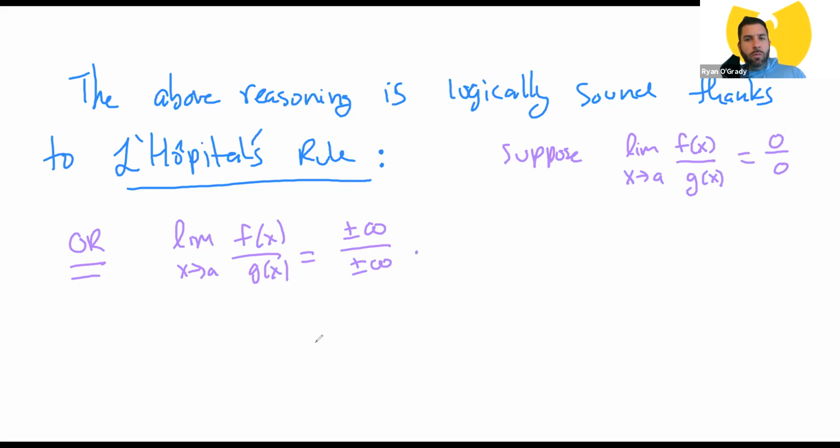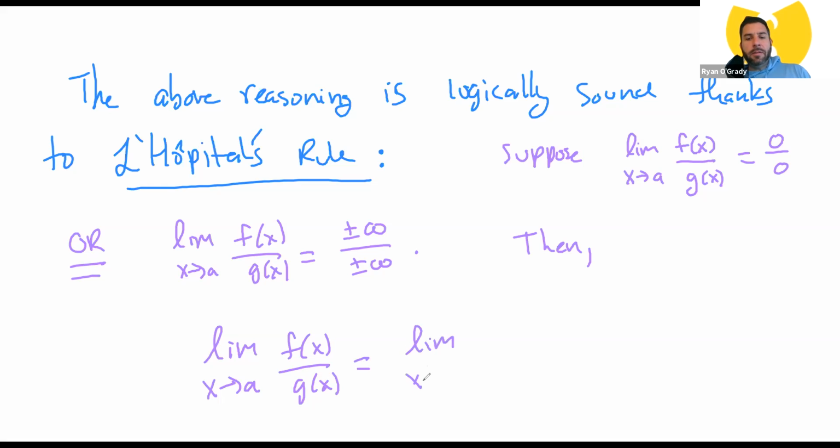What does L'Hopital's rule say? It says, then the limit as x approaches a of f of x over g of x actually is the same as the limit of the derivative of the numerator divided by the derivative of the denominator. So this is L'Hopital's rule.